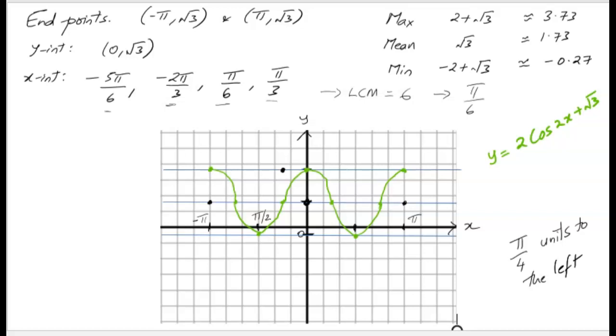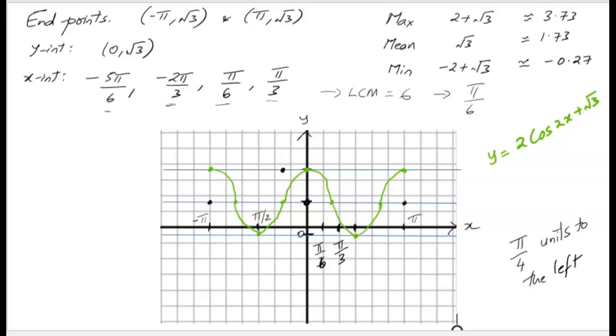All right, now let's mark our x-intercepts. So we got pi on 6. Remember we talked about one box being equal to pi on 6. So that's going to be my first x-intercept. Next one's pi on 3. Pi on 3 is same as writing 2 pi on 6, so this pi on 3 is going to be right there. So that's pi on 6, my bad, and this one's going to be pi on 3.